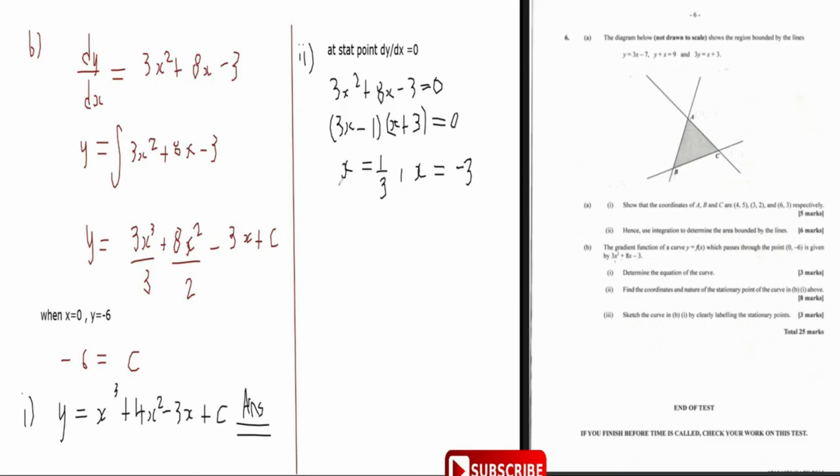To get the stationary points now, you need to plug in 1 over 3 in here to get y. So plug 1 over 3 into the equation of y right here. So plugging in 1 over 3, we're going to get 1 over 3 cubed plus 4 times 1 over 3 squared minus 3 times 1 over 3. And remember, c is minus 6, so put minus 6.